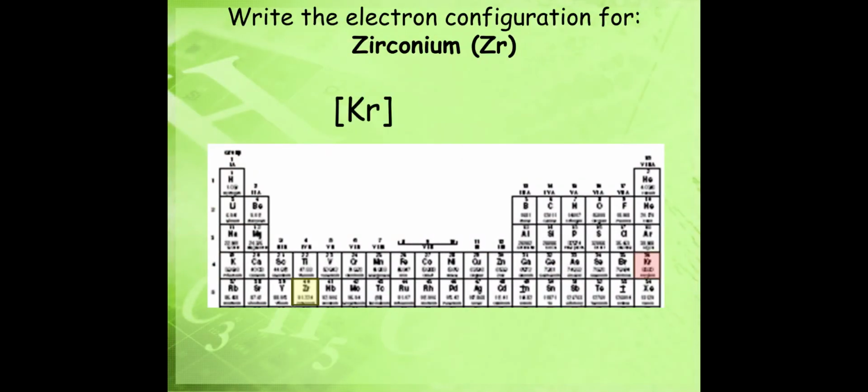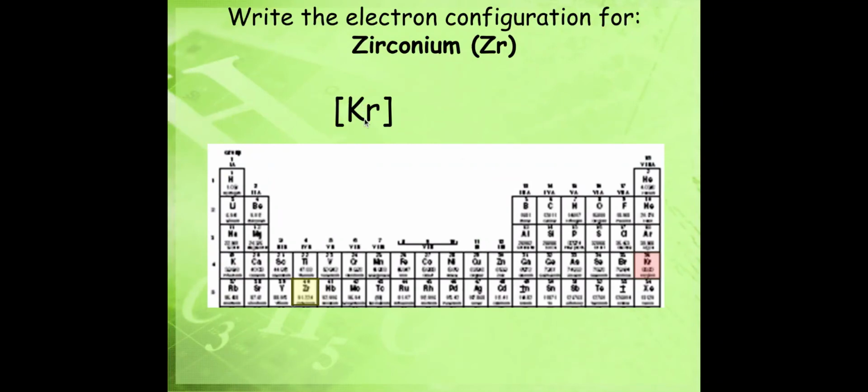So you write krypton in there, right? And after you write that, it means all the electrons up to krypton are right inside of this krypton.